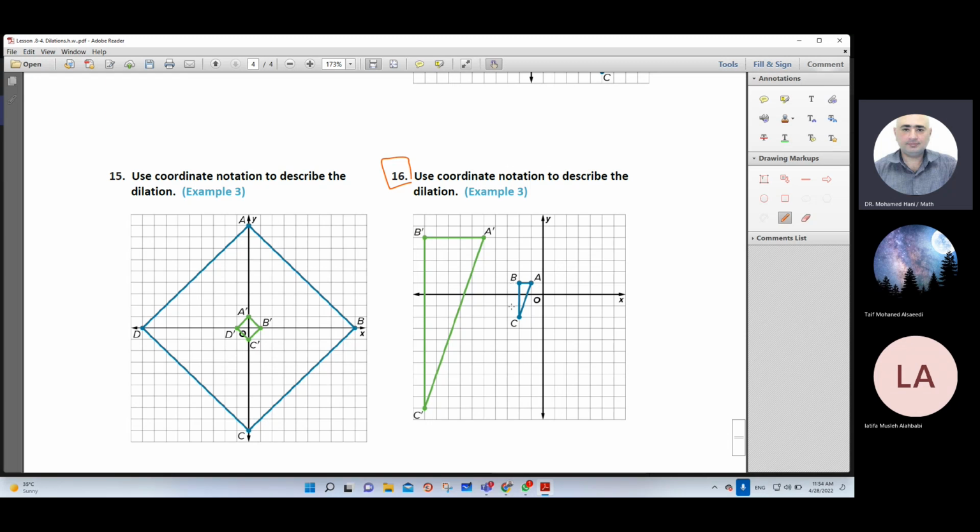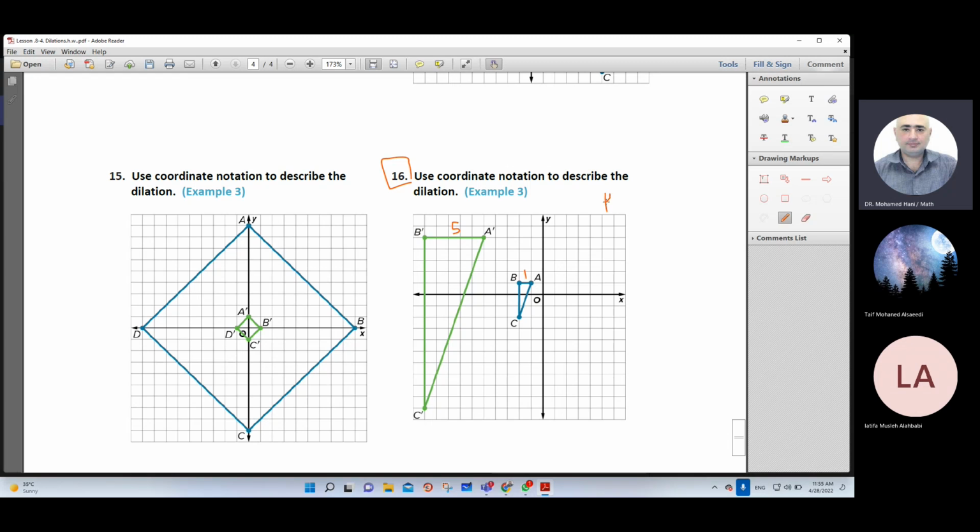Here in the blue color, A, B, C is the pre-image. So choose any side. For example, here, count. What is the length here? 1. What is the corresponding side in the image? It will be B prime, A prime. So count, we have here 1, 2, 3, 4, 5.